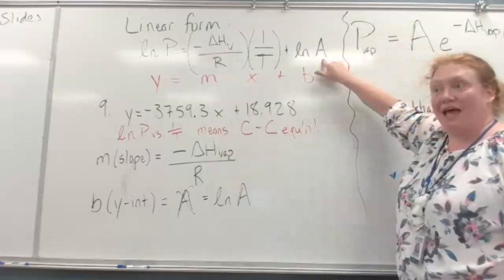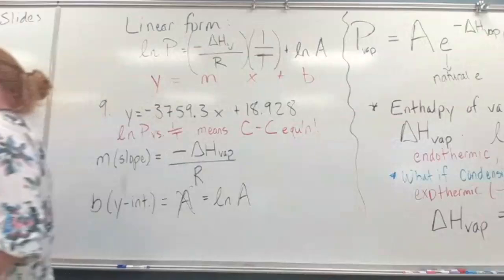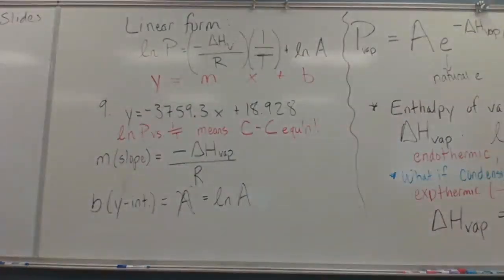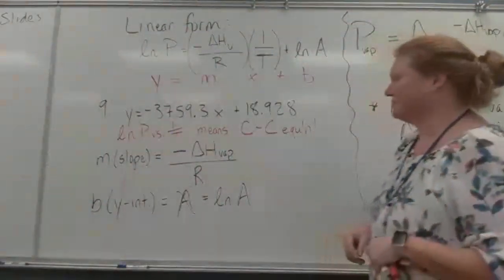I can get the value of A, which, what was A again? A is just some constant value for that substance. It actually has to do with how many collisions it does, but we're not ready to talk about that yet.